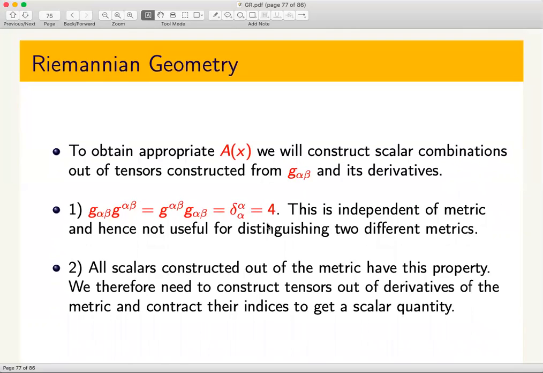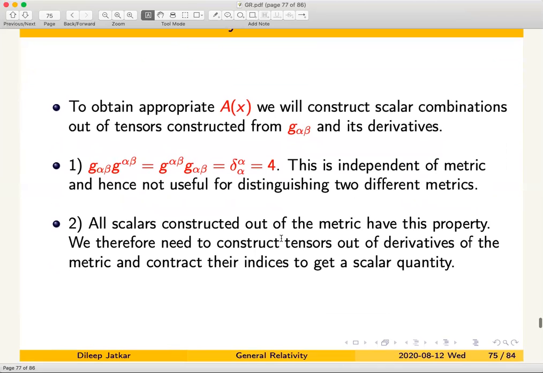Therefore we need to construct objects which contain g alpha beta, but also contain derivatives of g alpha beta. And after including derivatives of g alpha beta, we want to construct a quantity which is invariant under coordinate transformations.